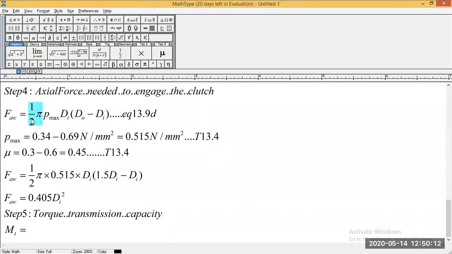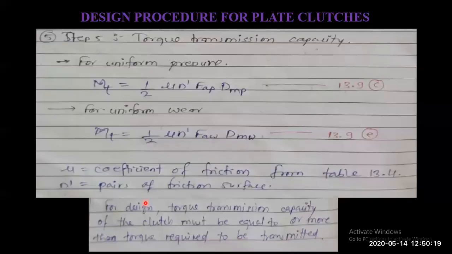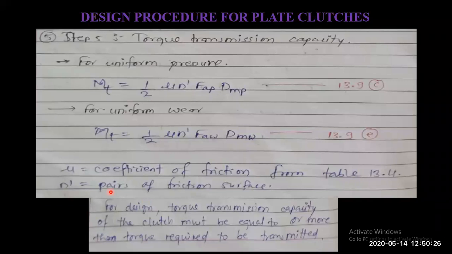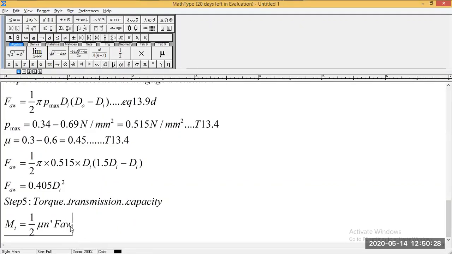So let's say half, then you have pi, then you have n dash, then you have FAW, then you have DMW, that is the mean diameter considering the wear condition. So this is the given equation.